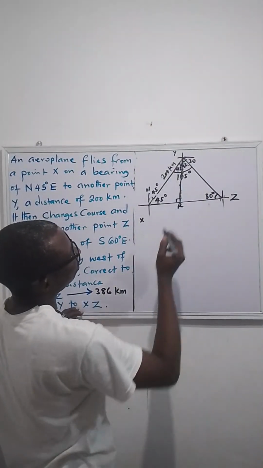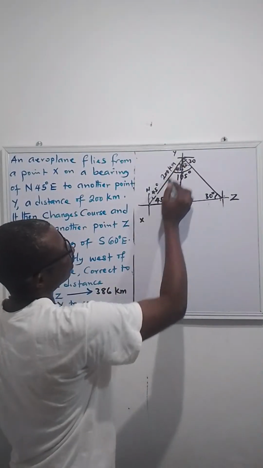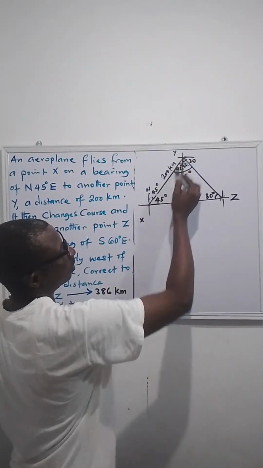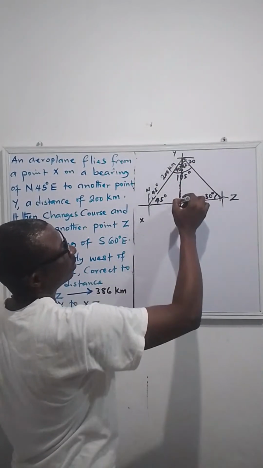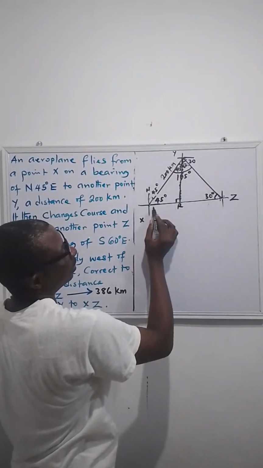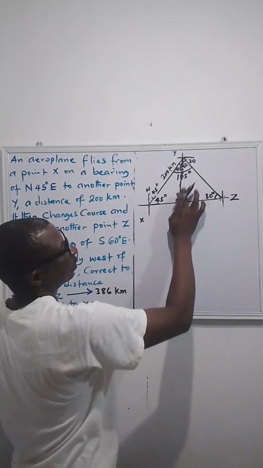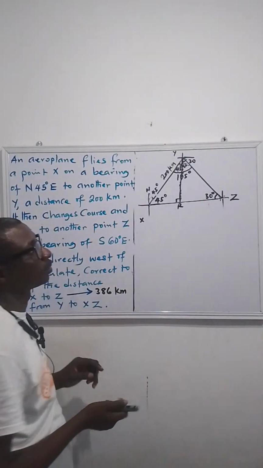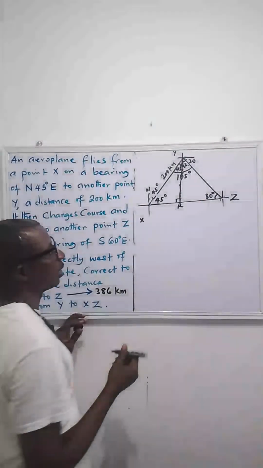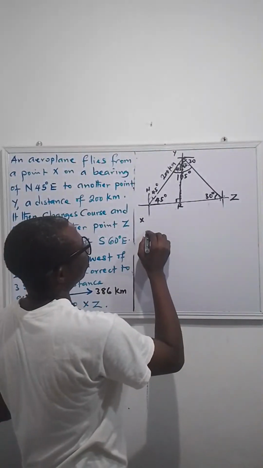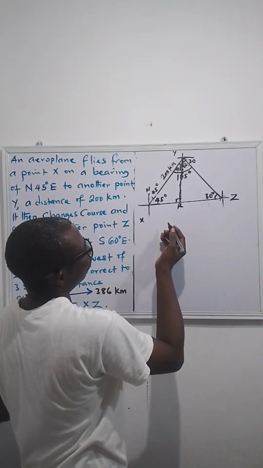We want to get this side. We have this side, which is the hypotenuse, this side, which is the opposite, and this is the adjacent. So how do we do that? We use sine, or whichever one we want to use.